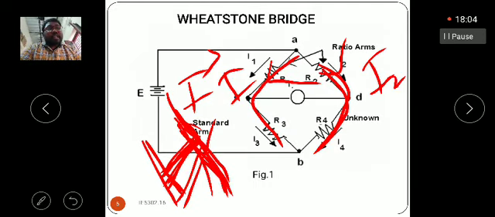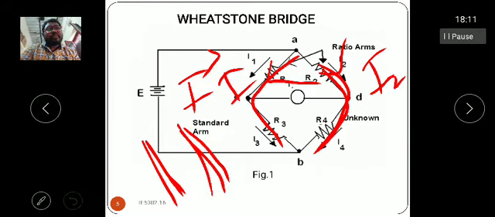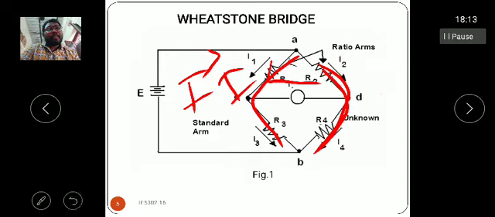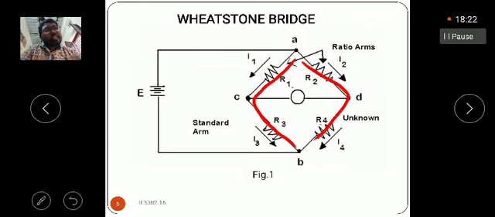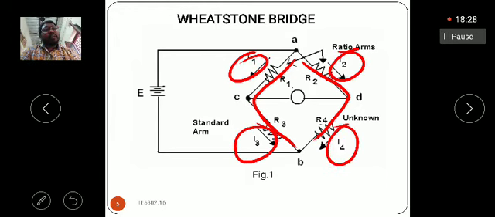Here this is the I1 current and the I3 current. That means in both branches the current is equal. The current passing through this branch is equal, and the current passing through this branch is also equal. Here I1 and I3 are equal, and I2 and I4 are also equal.